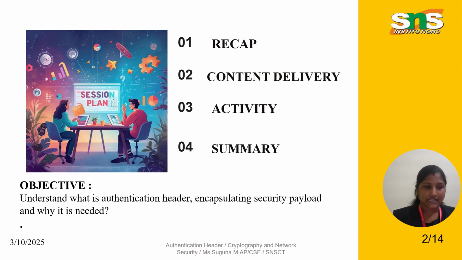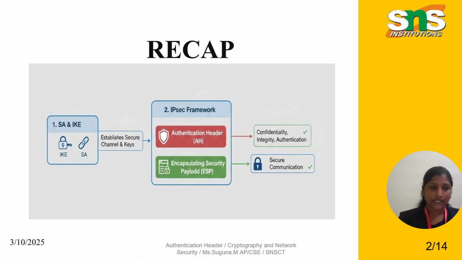So let's get started. The main objective of this video session is to make you understand what the authentication header is and what the encapsulating security payload is, why these protocols are very essential for secure communication, and where they are used in real-time environments. So let's begin with a quick recap.